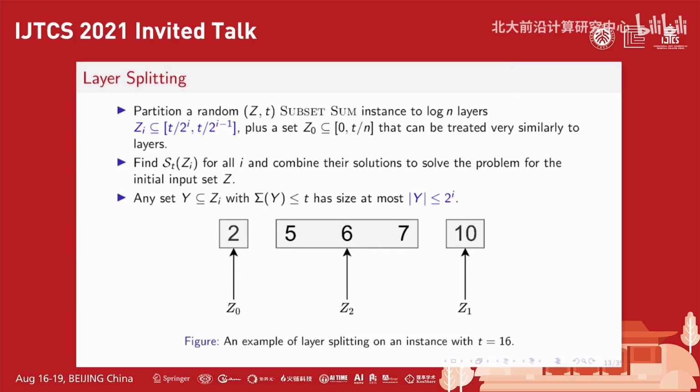The most important property for these layers is that all the interesting subsets of the layers are those that have sum at most t, and for those subsets we can be sure that they have cardinality restricted by 2 to the power of i. And we also see an example of splitting an input set into 3 distinct layers.